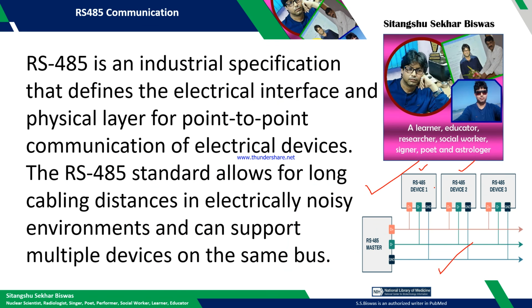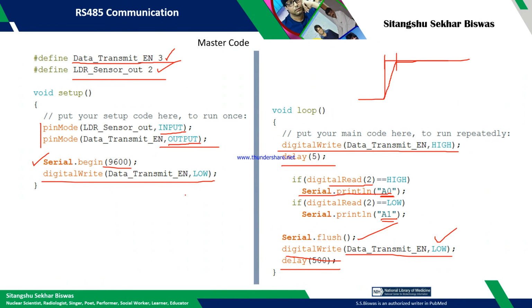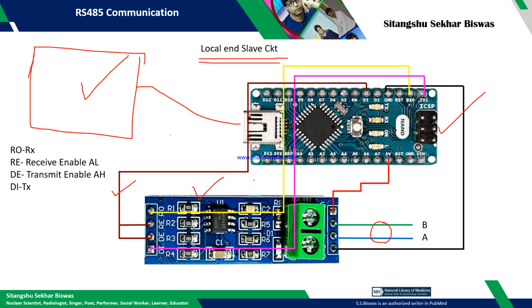In summary, first you make this circuit, then upload this code to this microcontroller, then give power to this microcontroller, and then these two wires you connect with the local end slave device.